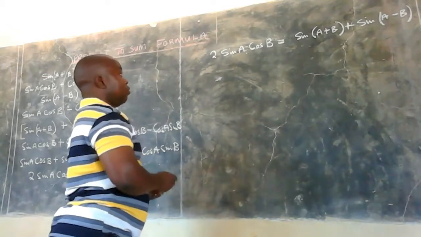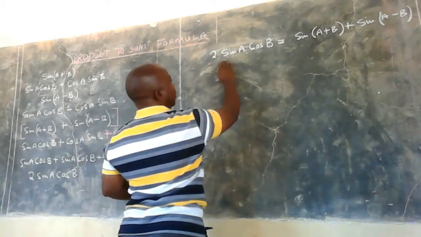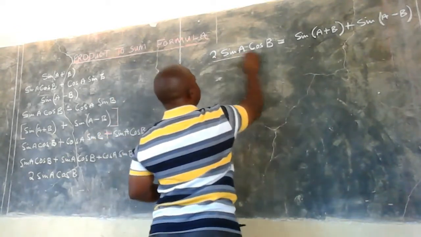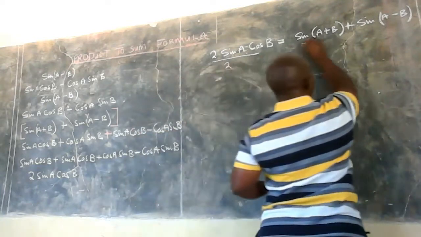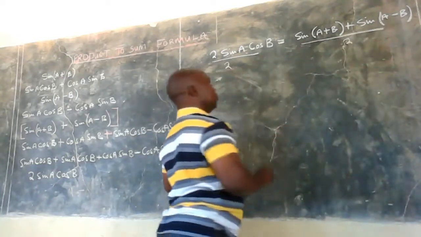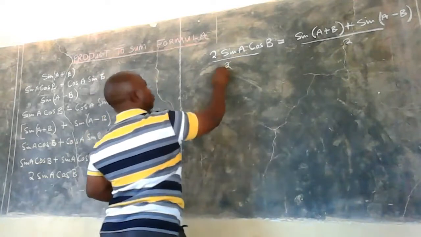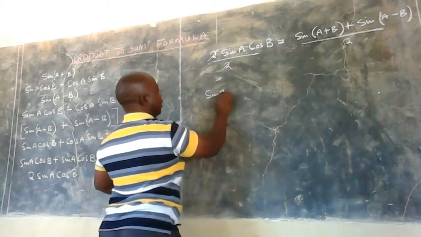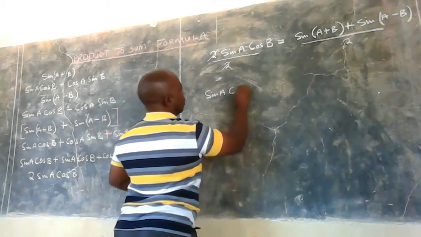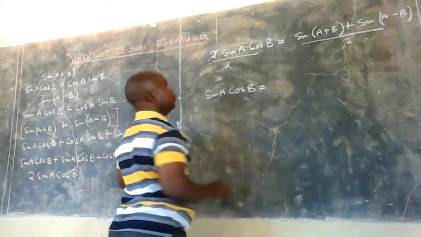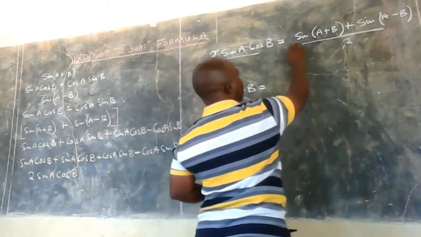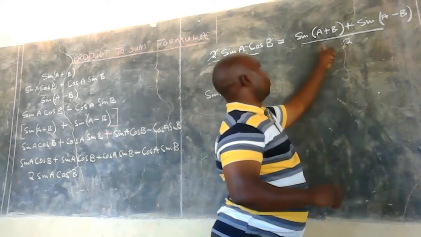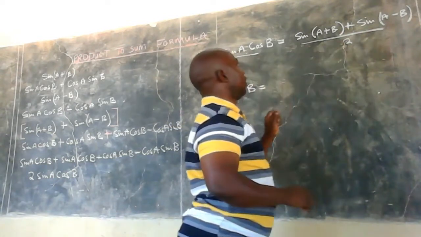If you take a look at that, we can divide throughout by 2. So this divided by 2, and throughout this side divided by 2. These 2 can cancel, and then we have sine of A cosine of B is equal to, now remember that this 2 here is over each and every term that we have there.